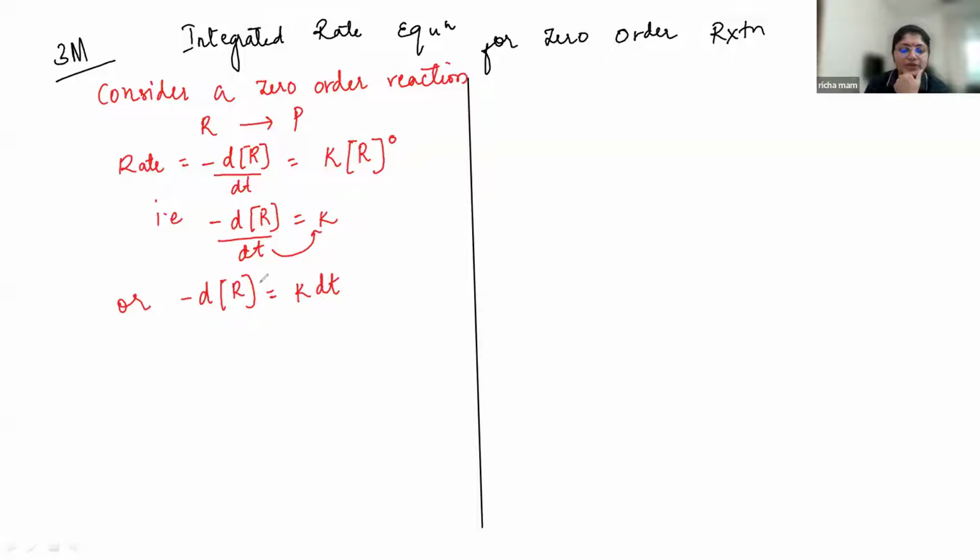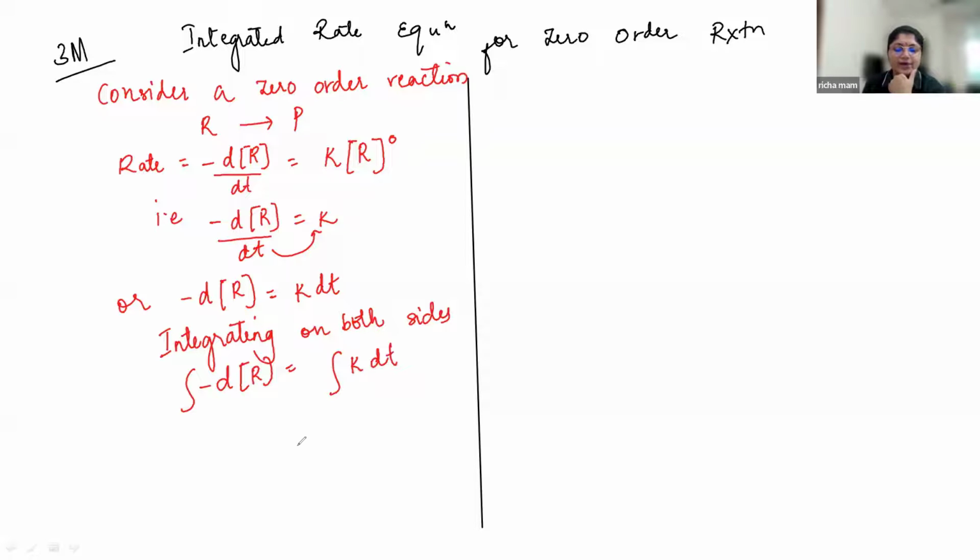Yes. Now the next step is that we integrate the equation, on both sides. Integrating minus dR equals integrating k dt.